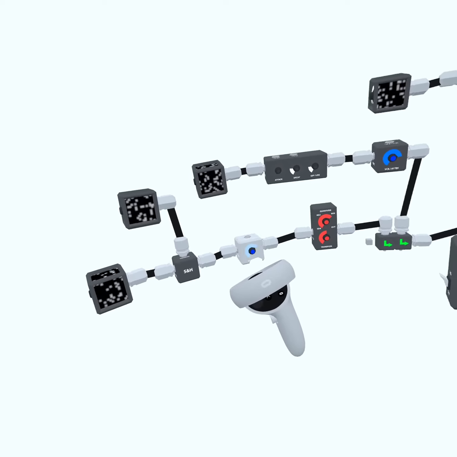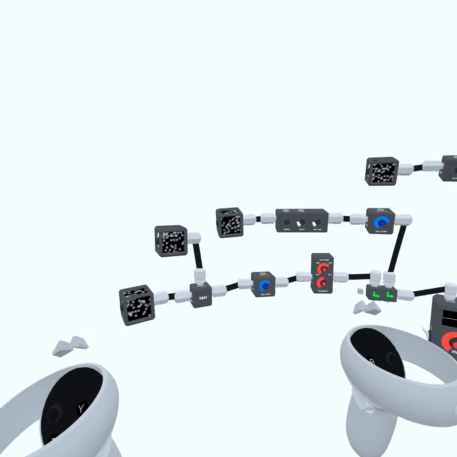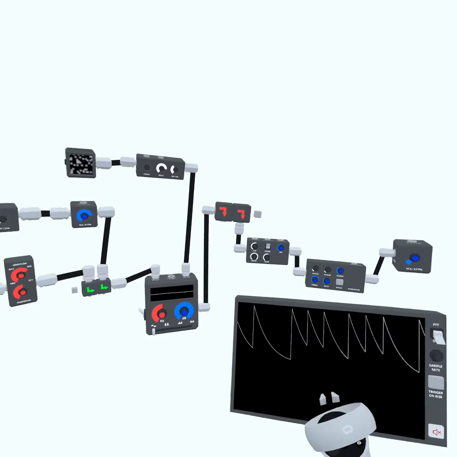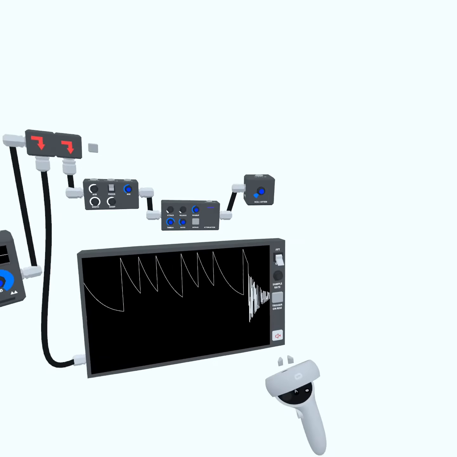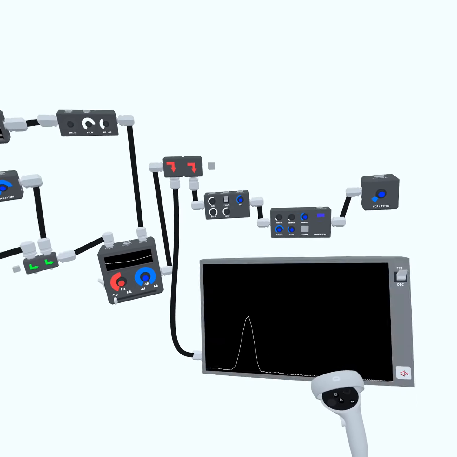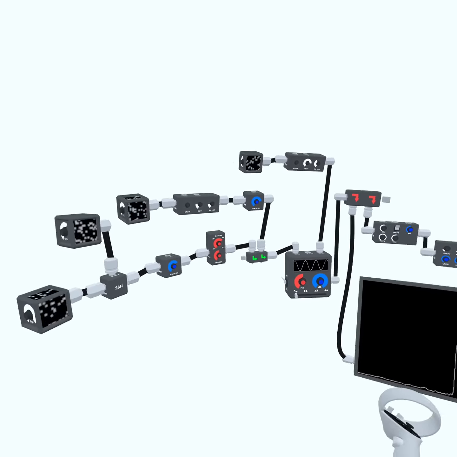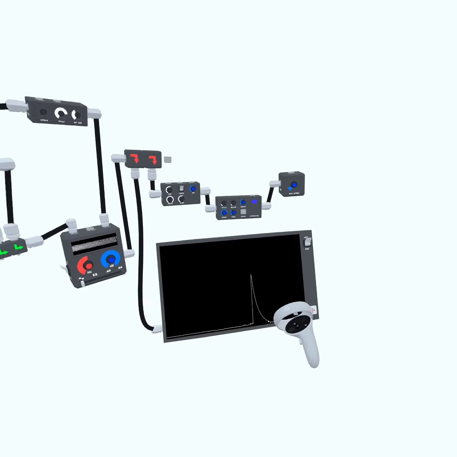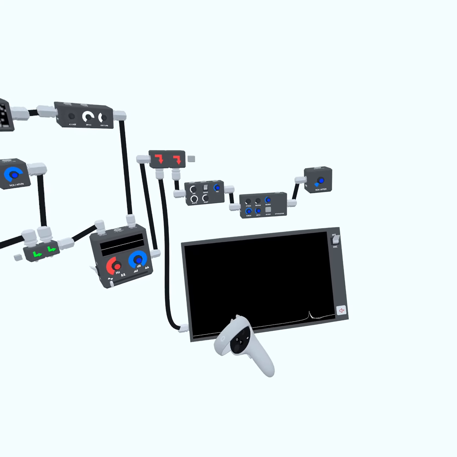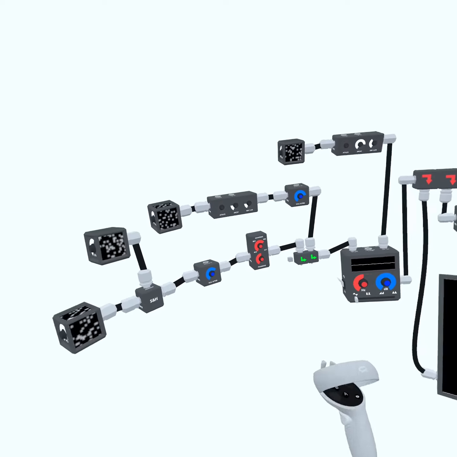Then here we have an attenuverter, which decreases the range of the signal. Basically, if we look at the FFT, this is deciding about the base pitch of the oscillator.